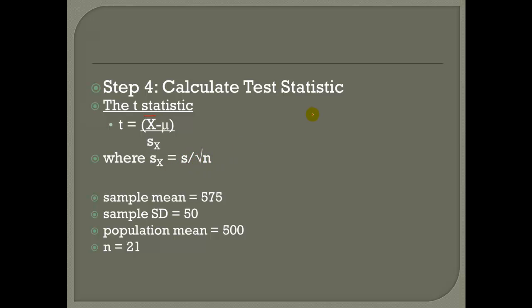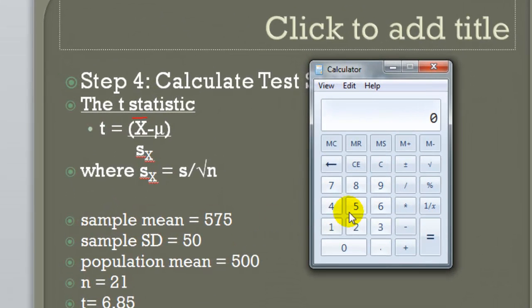The first thing we'll want to do here is get the square root of n, which would be the square root of 21, which we can see here on the calculator. Throw in 21, square root, 4.582.